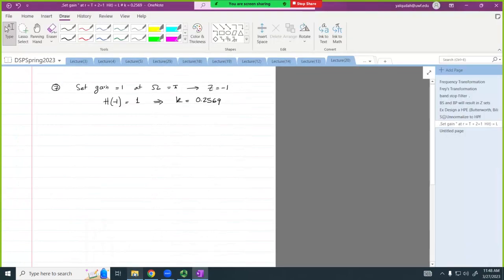But where did you get Z equal to -1? Why? Because I need to set the gain at a very high frequency, because it's a high pass filter. A high frequency, what is the highest frequency in discrete time? Pi. What does pi correspond to in Z? Remember?